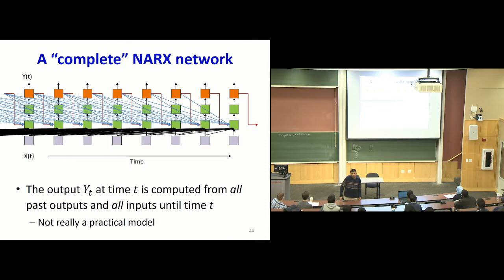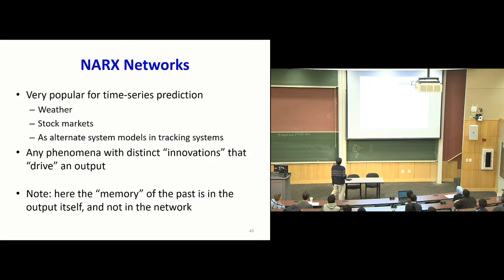Obviously this makes no sense. Nobody is actually going to implement anything of this kind. But when you begin talking about theory, it makes sense to look at what happens with these things. But anyway, this kind of network, which stores the information about the history in the output, is what we call a Knox network.